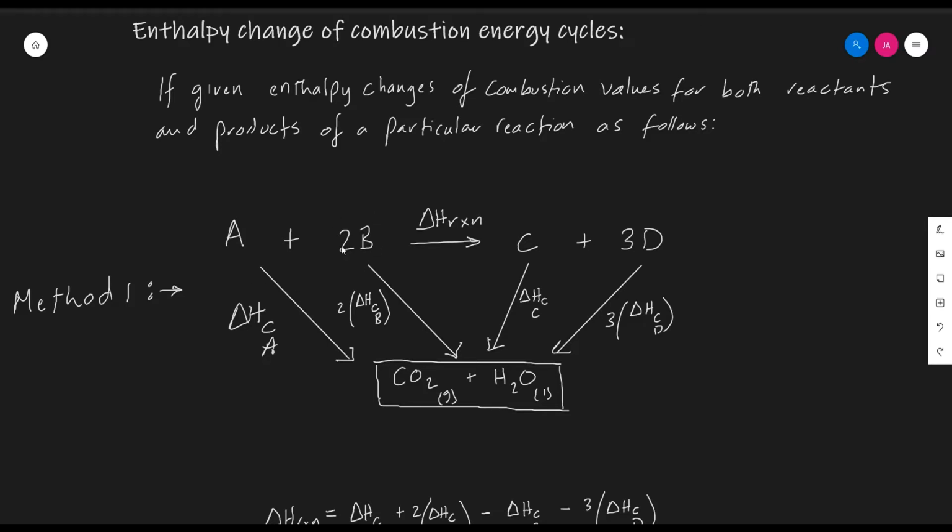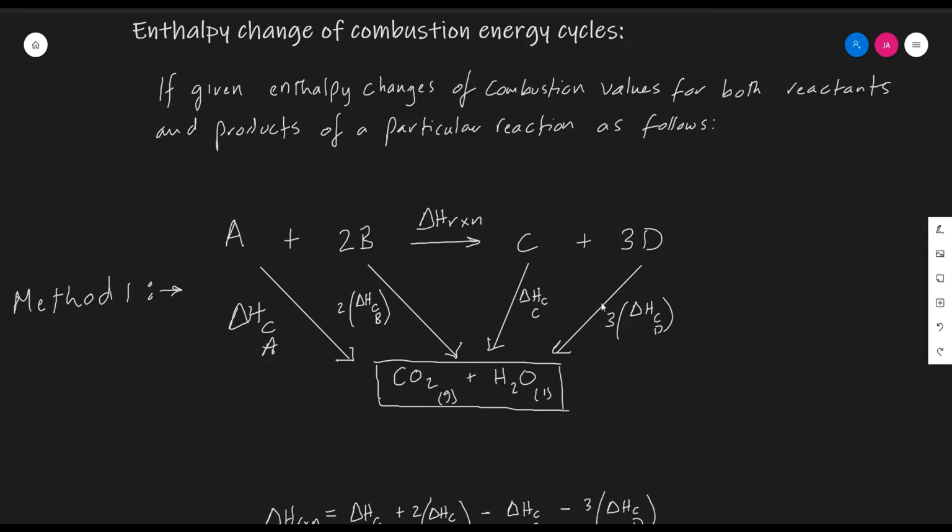The second reactant, we are combusting 2 moles of B, and since we are given the enthalpy change of combustion per mole of B in the data booklet or by the question, we need to multiply this value by 2. We are also given the enthalpy change of combustion of C, and since there's 1 mole here, it's multiplied by 1, and we're given the enthalpy change of combustion per mole of D, but since there are 3 moles here, it is multiplied by 3.